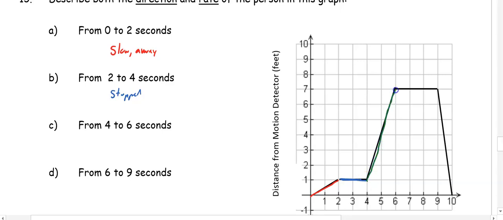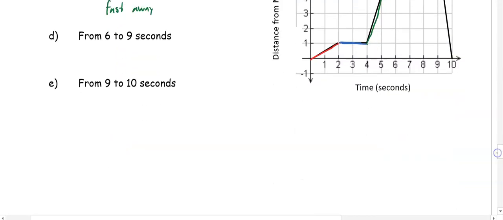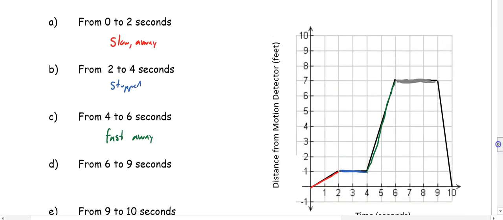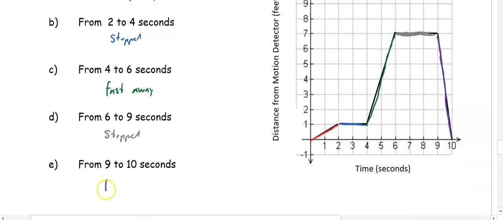From 4 to 6 seconds, they're moving fast away. From 6 to 9 seconds, it's flat again, so they are stopped. And then from 9 to 10 seconds, it is going towards, and it's a steep line, so this would be fast and towards.